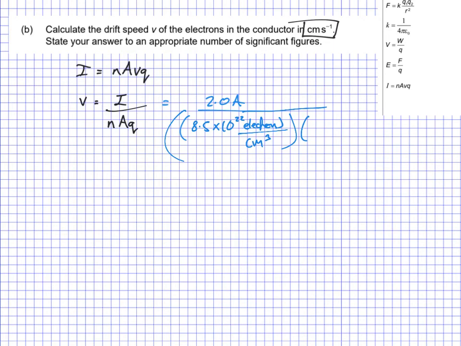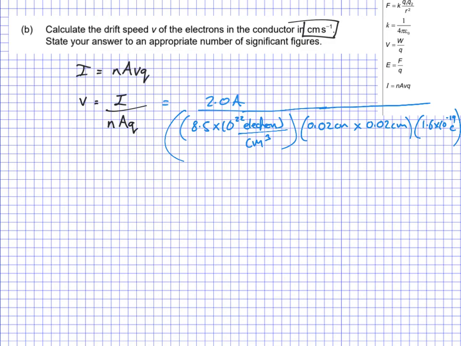Well, the surface area is going to be 0.02 centimeters, because that's given to us in the question, times 0.02 centimeters given in the question. And then the charge, let's keep this going all the way across. The charge, of course, would be the elementary charge, because we're dealing with electrons. So 1.6 times 10 to the negative 19 coulombs.